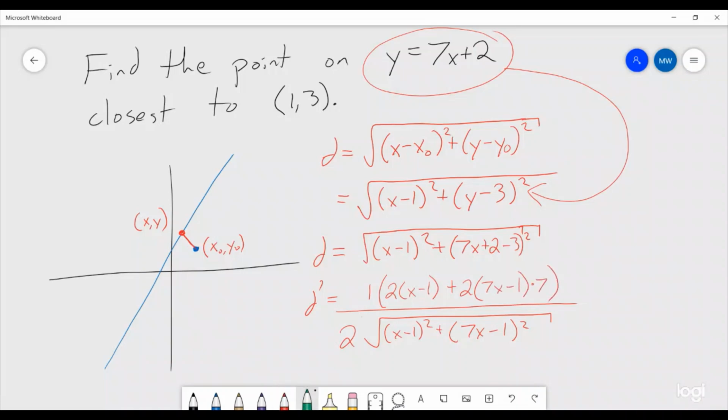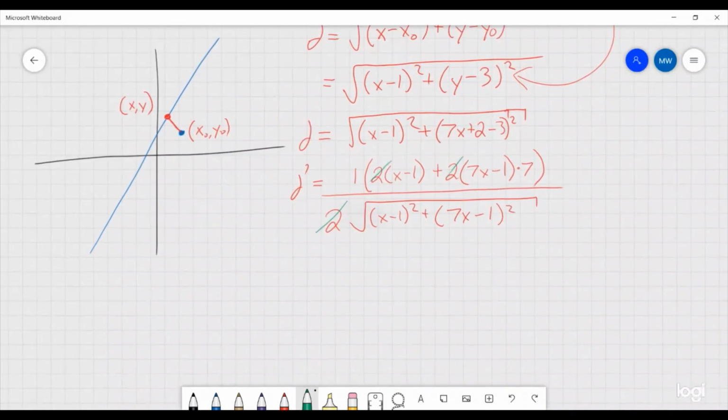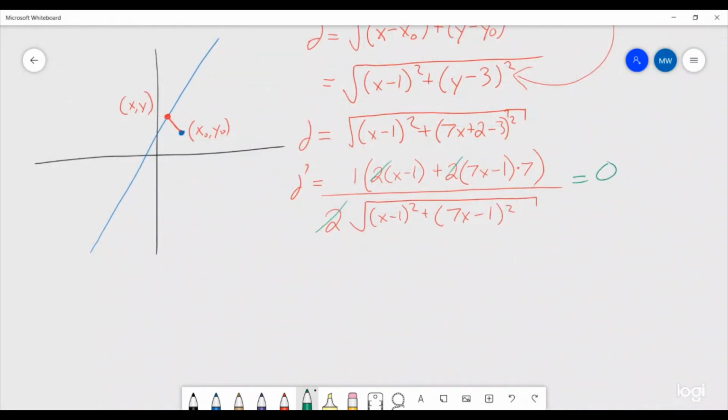And now all of these 2's end up canceling out. And now we're trying to solve for when is this equal to 0. Well, the denominator is never 0, so that means we only really have to look at when the top is equal to 0. So we're solving for x minus 1 plus 49x minus 7, that's equal to 0.